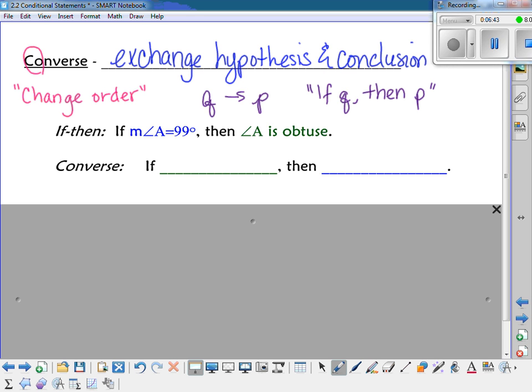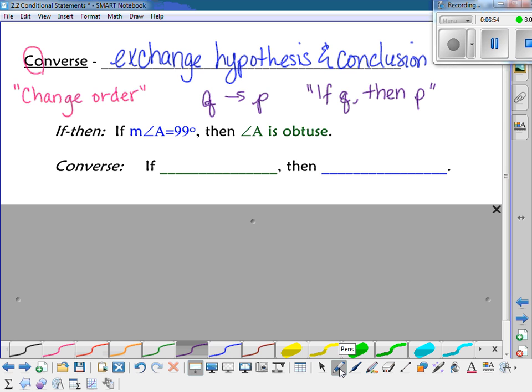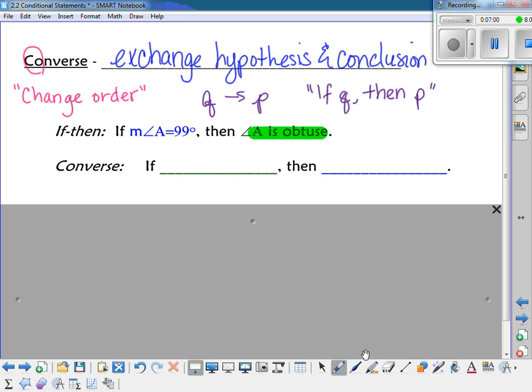So in our example here, our if-then statement says, if the measure of angle A equals 99 degrees, then angle A is obtuse. So angle A is obtuse, that's my conclusion. Now I'm going to make that go first.